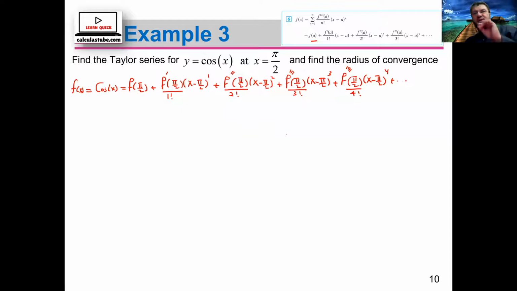As I mentioned before, the best presentation is to go up to the fourth derivative.